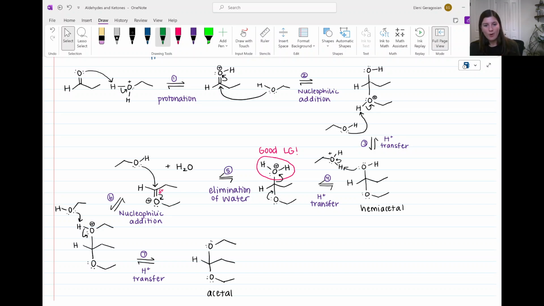We eliminate water in step 5, which makes the molecule more reactive again towards nucleophilic addition. So we add another nucleophile, a neutral solvent molecule, and then do our last deprotonation to finally get our acetal.